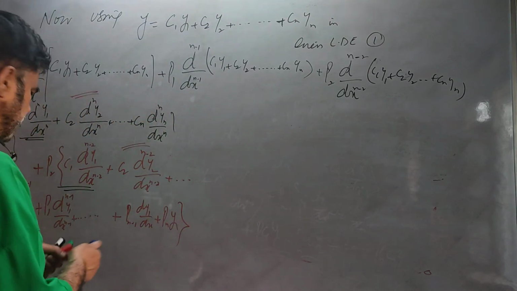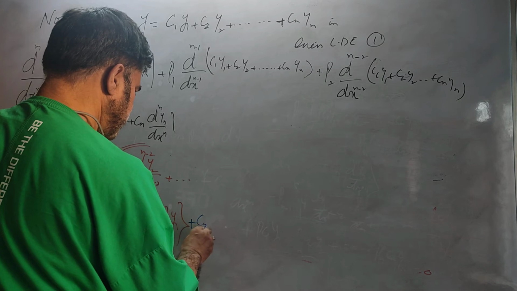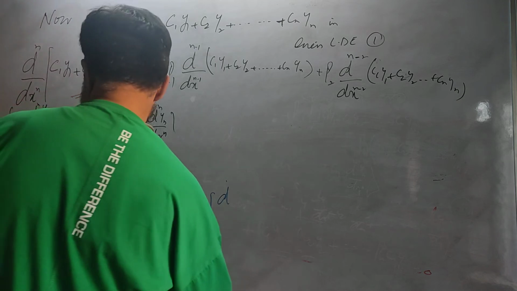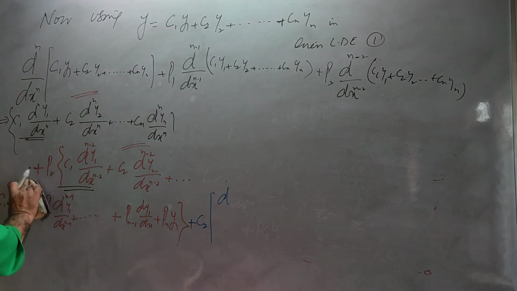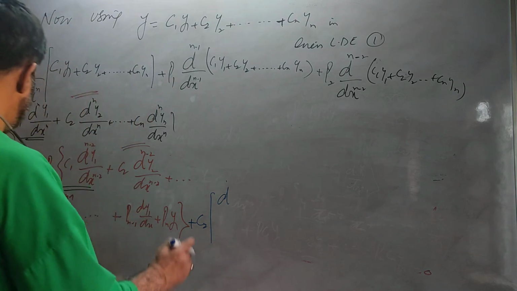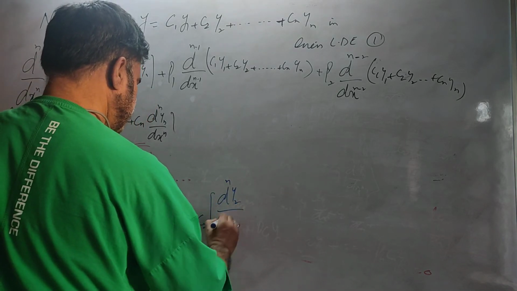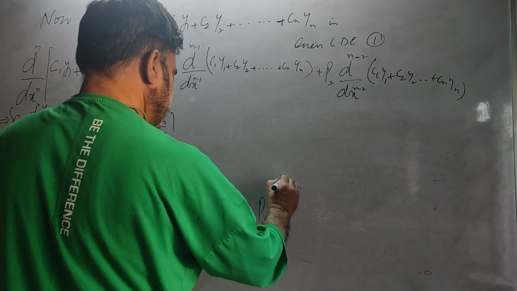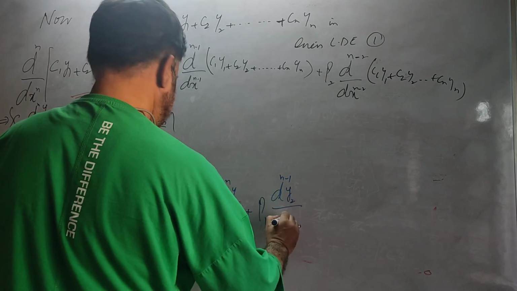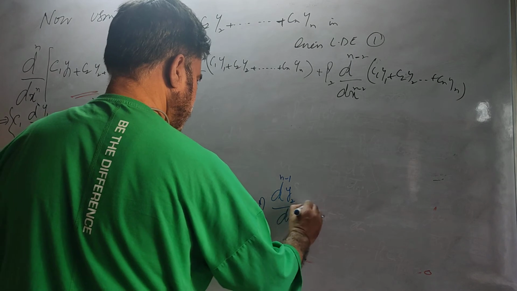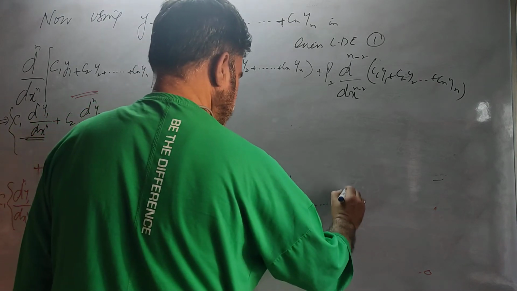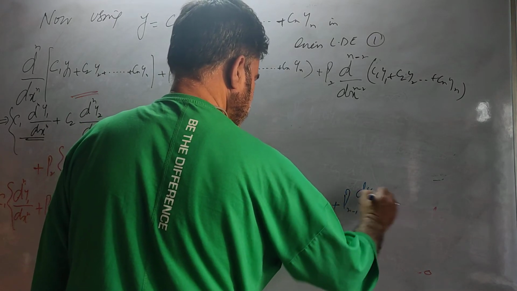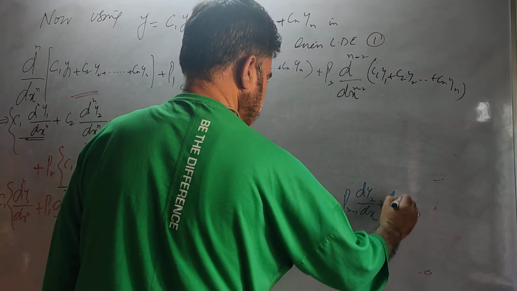Now you connect the c2. You will get here, I'm sorry, c2 times d^n y2/dx^n plus p1 d^(n-1) y2/dx^(n-1), so on to p_{n-1} dy2/dx, then plus pn y2, with c2 out.